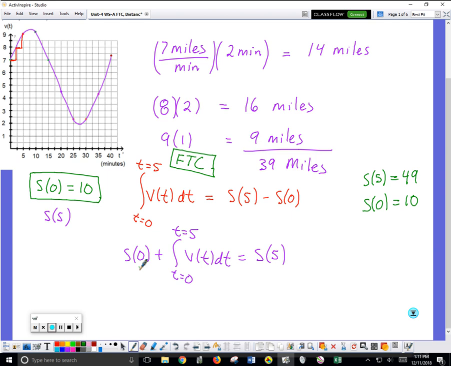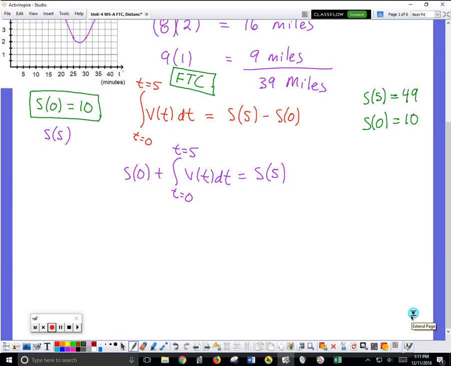Awesome. They'll also ask, and this is kind of back to Porter's question, how does this get used on the test? They'll also turn the question around and say, well, you don't know this anymore. Now what you know is the position of the object at time 5 happens to be 49.